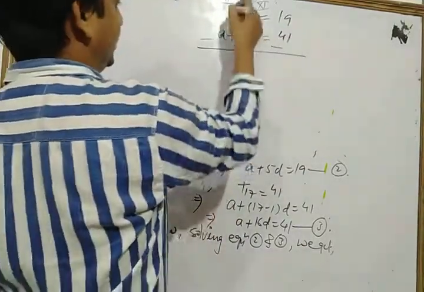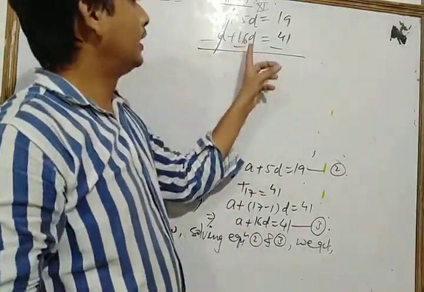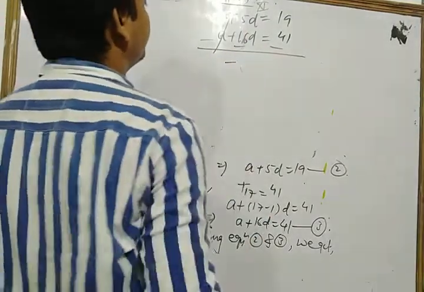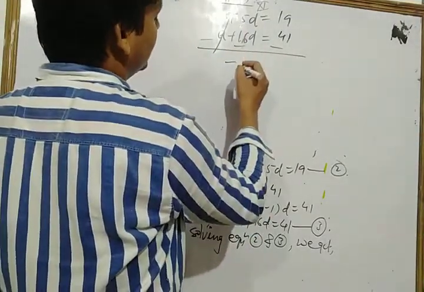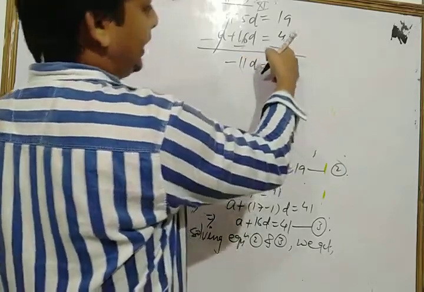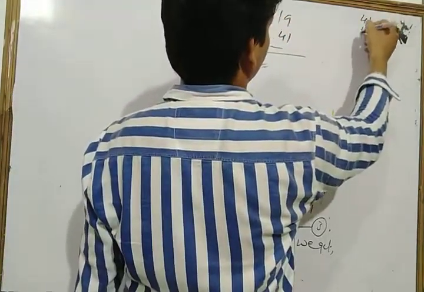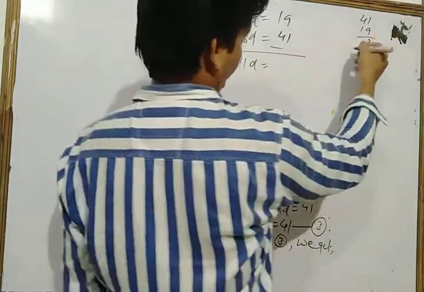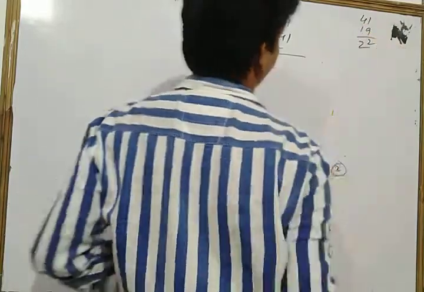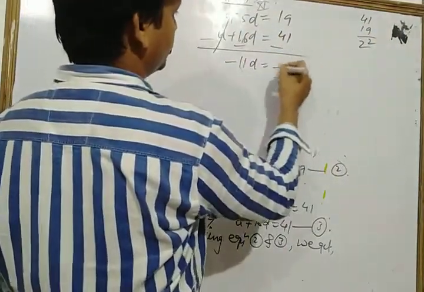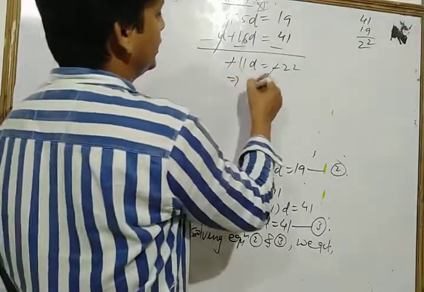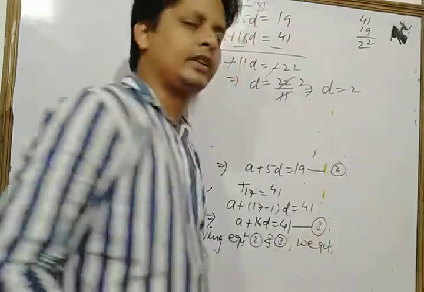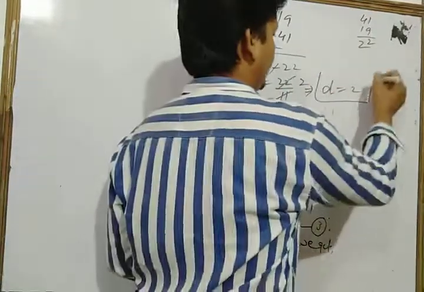Now subtract, A cancels out. Here minus 16D plus 5D gives minus 11D is equal to 19 minus 41, that is minus 22. Minus minus cancel each other, so D is equal to 22 upon 11, that is 2. So the value of the common difference D is 2.